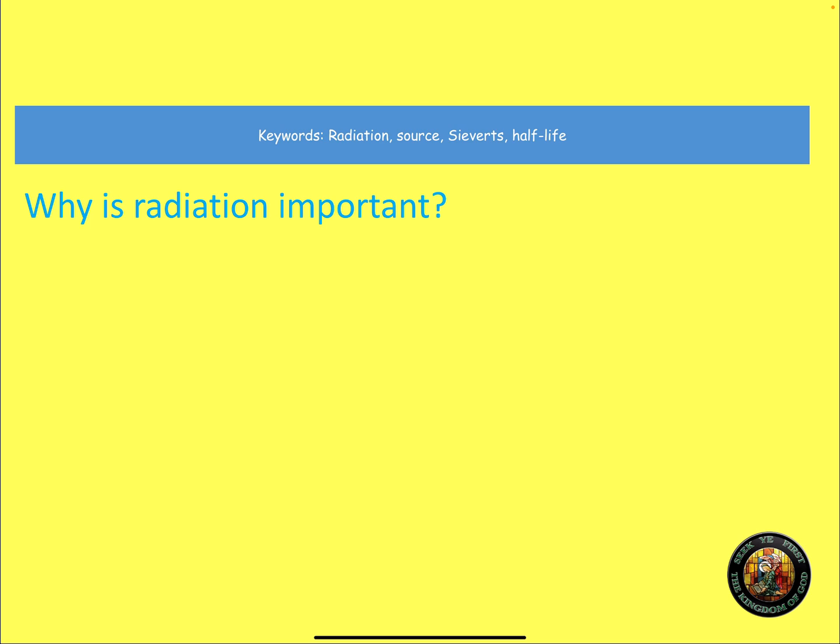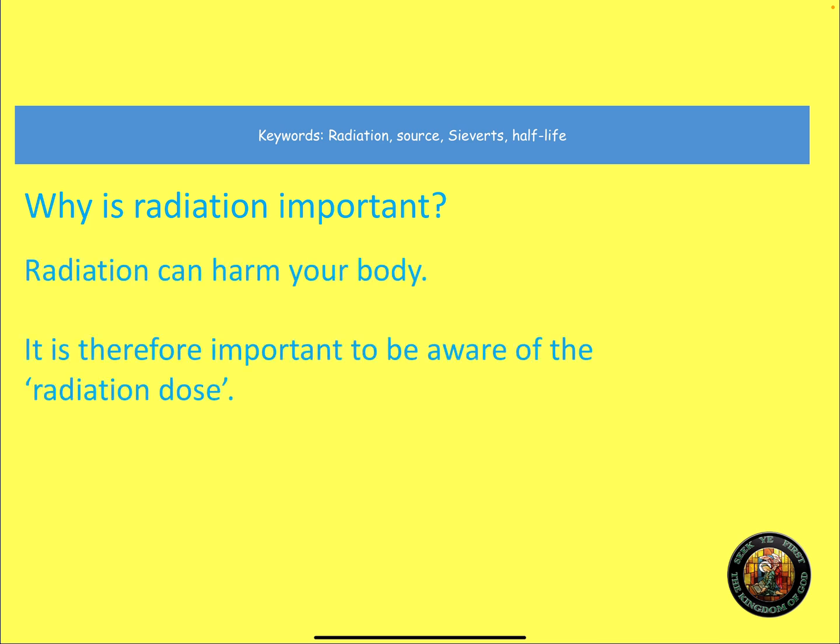Okay, well, let's have a look. Because radiation can harm your body, it's therefore important to be aware of radiation dose. We need to understand radiation. What is radiation dose? Again, pause the video.